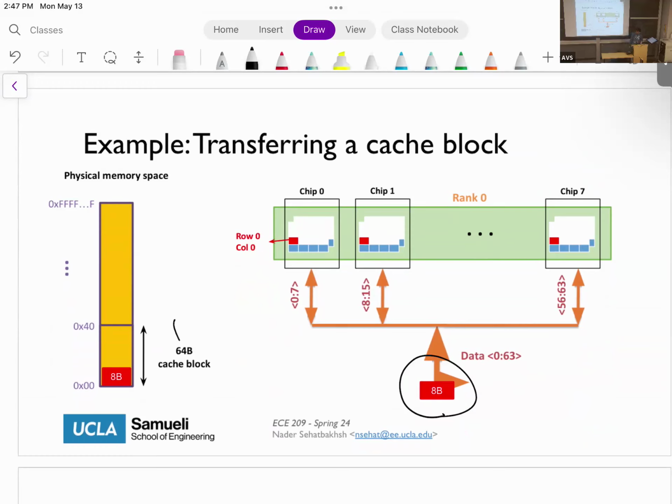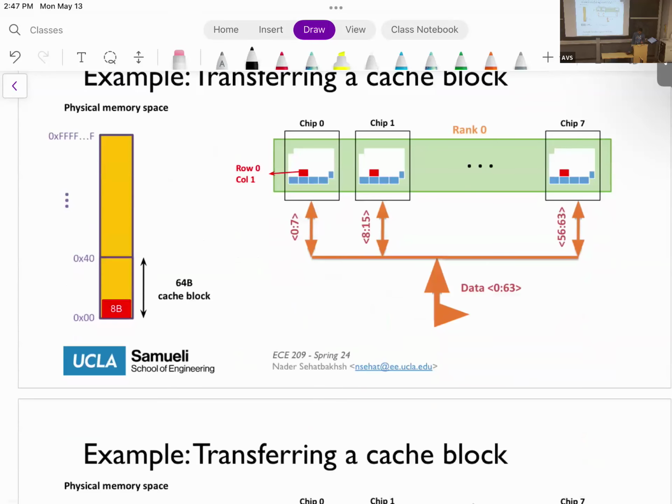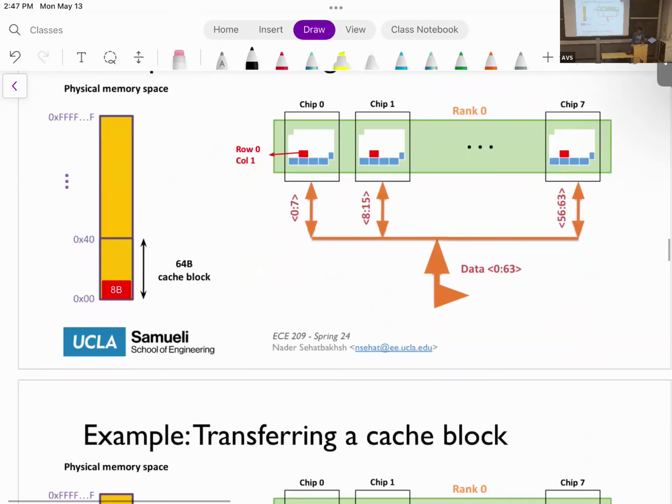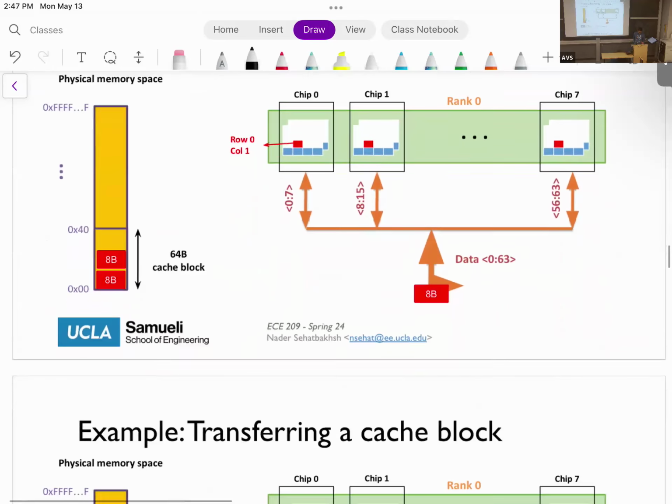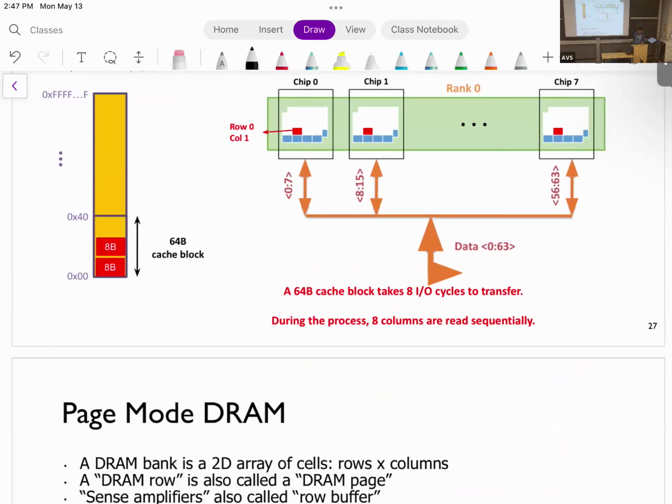Since this is 64 bytes, I need to do it multiple times in order to get the 64. So I need to keep repeating this for column 1, column 2, column 3, in order to eventually get my whole 64 bytes. So I need to repeat this 8 times to transfer 64 bytes.